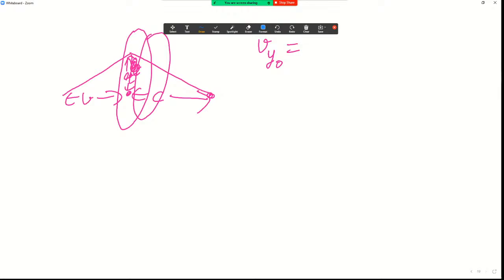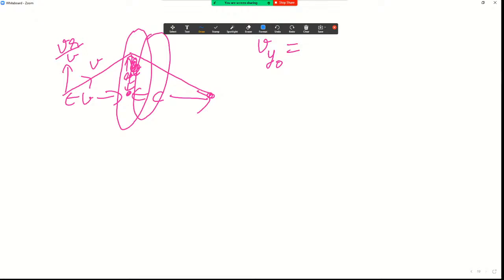Okay. Then we have V, so we can break this into components. So this will be V times R by B, and this would be V only approximately.